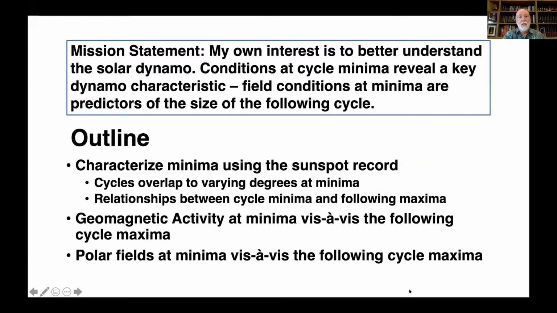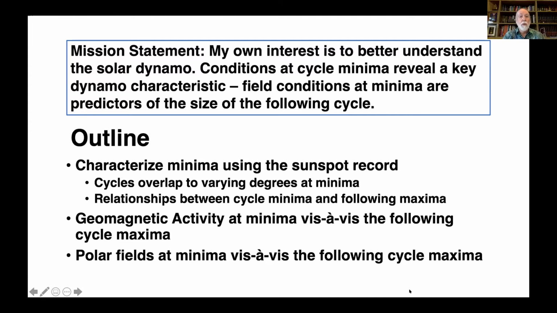This is kind of a mission statement for me. My own interest is in the solar dynamo, and conditions at minimum reveal key dynamo characteristics, mainly that field conditions at minima are predictors of the size of the following cycle.